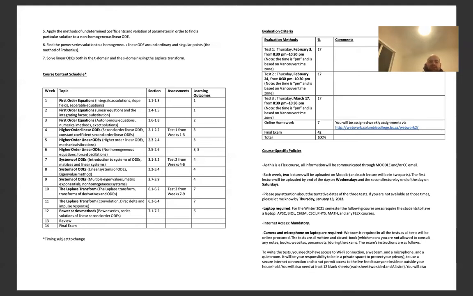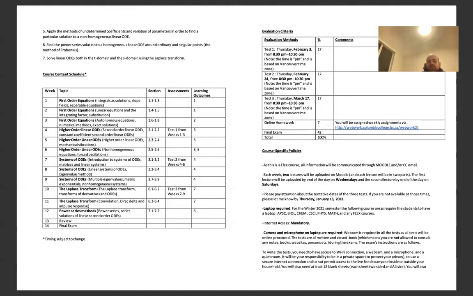So we learned different techniques for solving different specific differential equations. One common technique is using Laplace transforms. Why is this important?